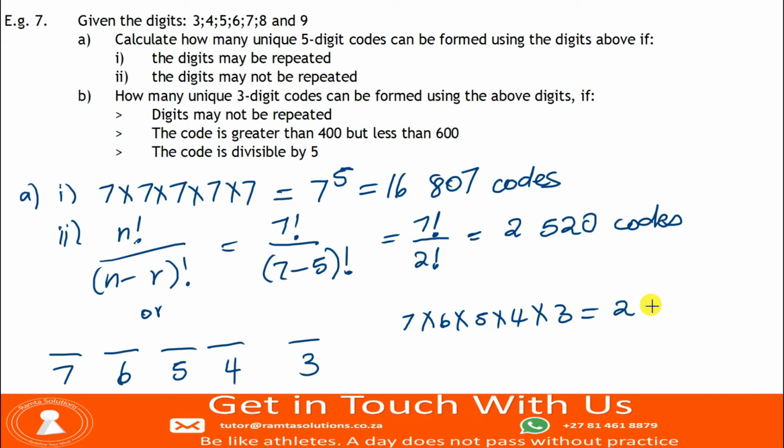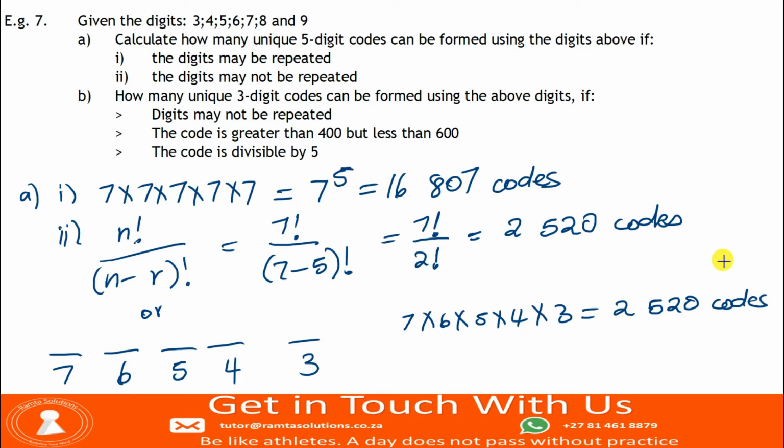It will also give you 2,520 codes. Okay? It will give you that.